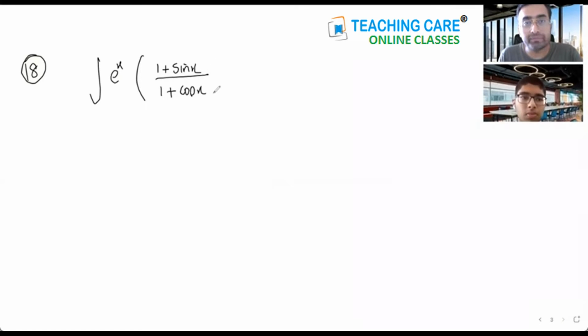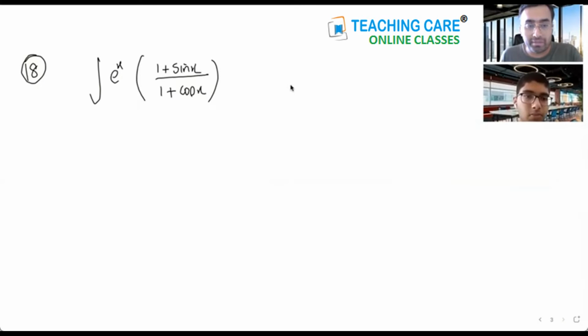Now question number 18. In the 18th, what we can observe is e raised to the power x times (1 plus sin x) over (1 plus cos x). Now again, if we have to use the concept, it should be two terms, so we have to break it actually.